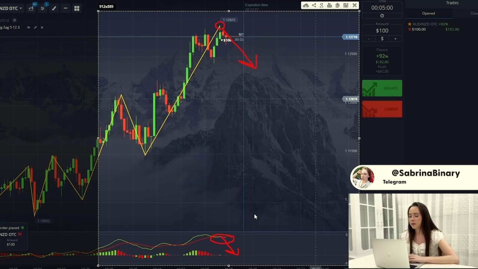According to the specified setting, the zigzag connects the tops formed on the chart with straight lines. It should be taken into account that the last line of the indicator is still in the process of drawing, and it can be redrawn until the last maximum or minimum is finally formed.